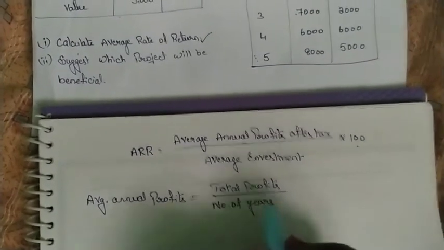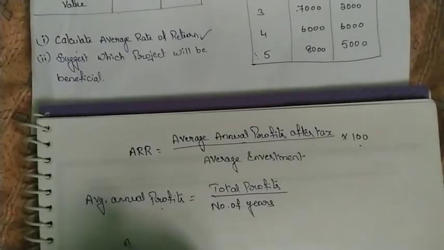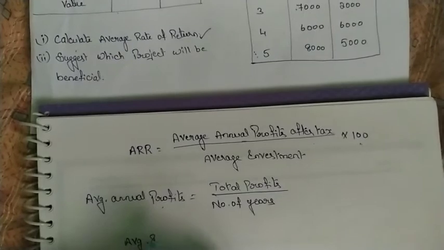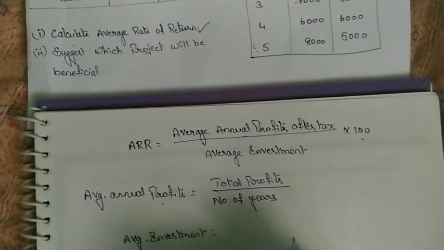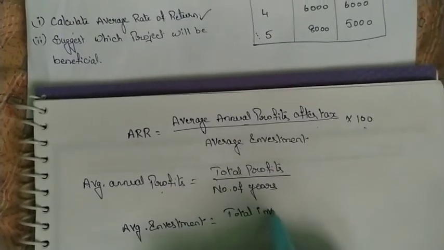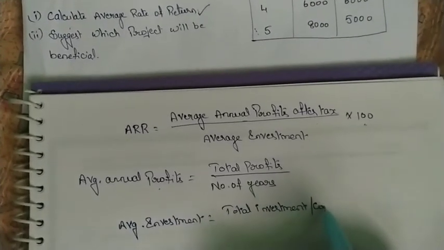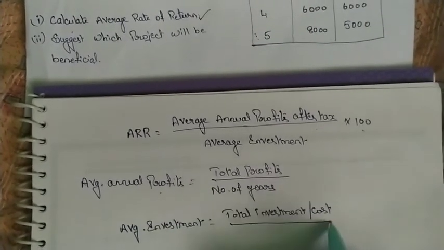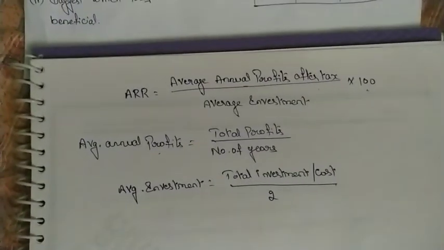If you do this, you will get the average annual profits. Average investment can be calculated as total investment or cost of the project divided by 2.